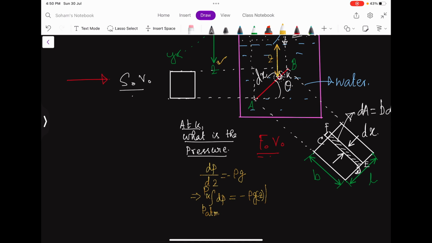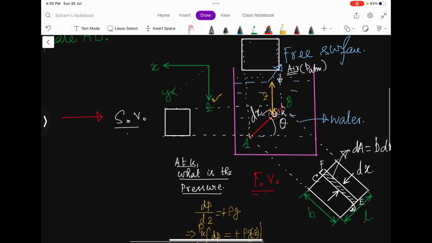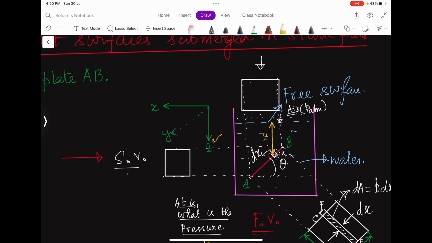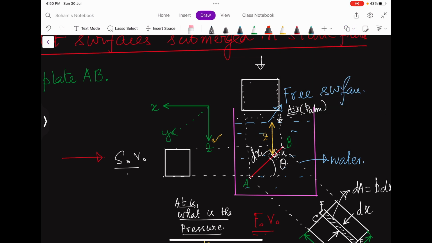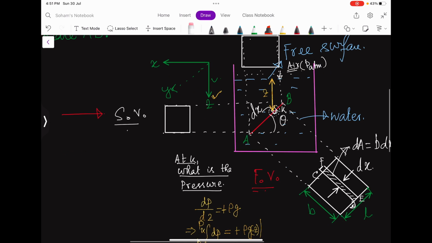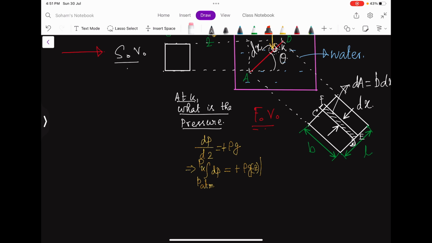So in that case the governing equation should be plus rho g, because during the actual derivation I took the z in the upwards direction, but as I have changed the direction of z, this will be plus rho g, and this is also plus z.